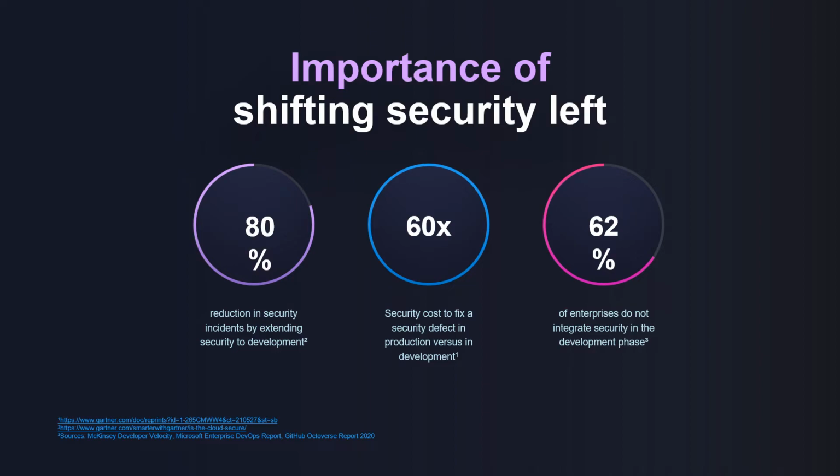Blending security and development together within the development workflow remains a challenge for many enterprises. While more enterprises are starting their transformations, there are 62% of enterprises that have yet to integrate security into the development phase. Now, how do we start shifting security left and moving to cloud-native environments?